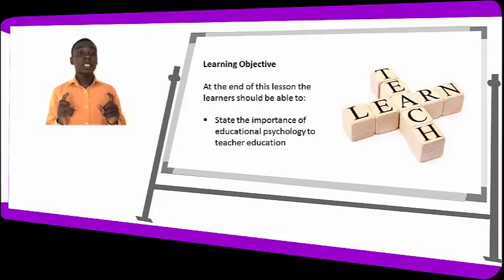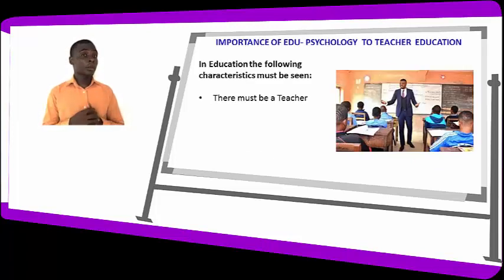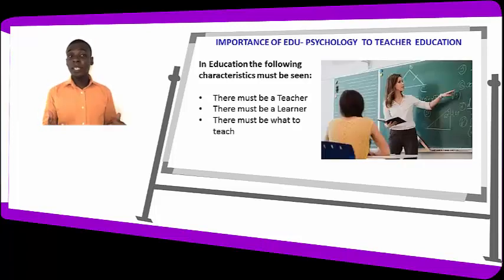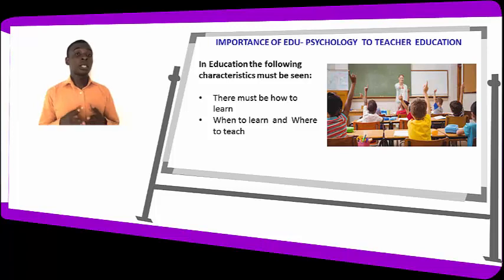So, importance of educational psychology to teacher education. In education, the following characteristics must be seen. There must be a teacher, a learner, what to teach, how to learn, when to learn and where to learn.